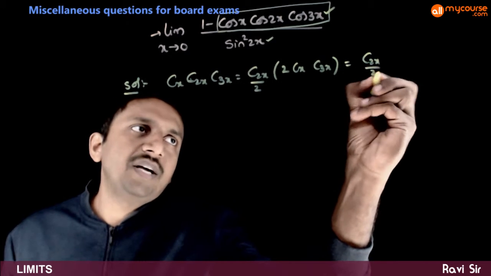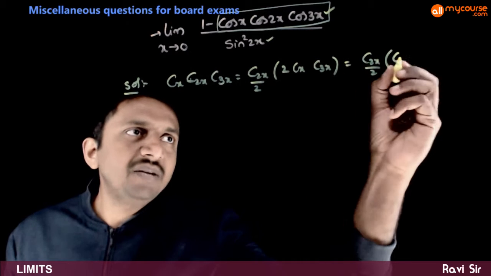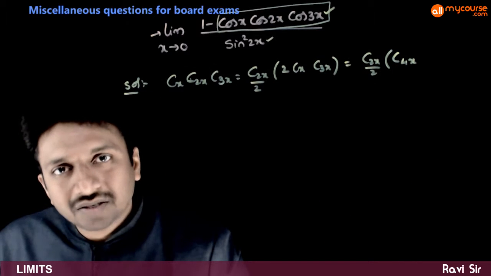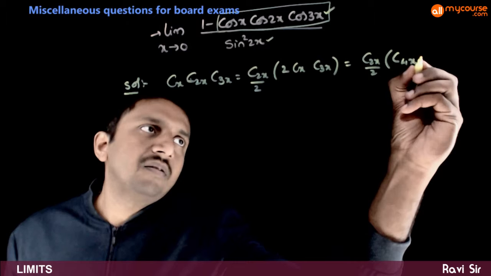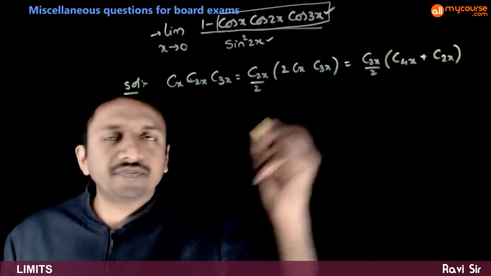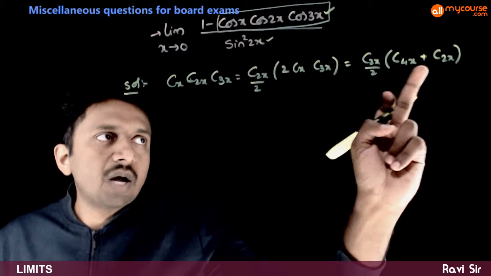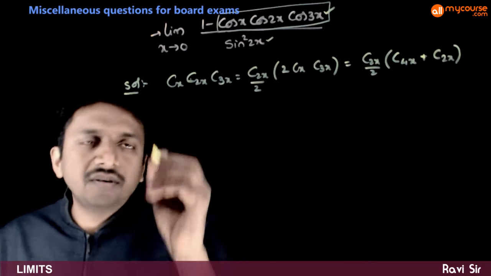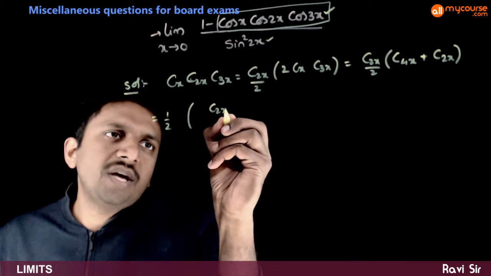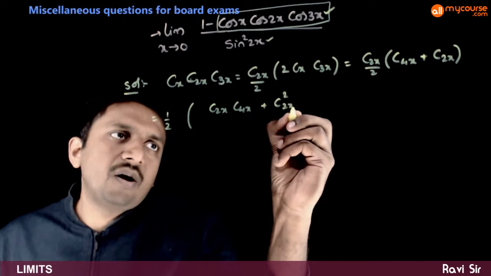It is cos of a plus b, which is cos 4x, plus cos of a minus b, the difference, which is cos 2x. So cos 2x by 2 times (cos 4x plus cos 2x). So this is equal to half times (cos 2x cos 4x plus cos square of 2x).